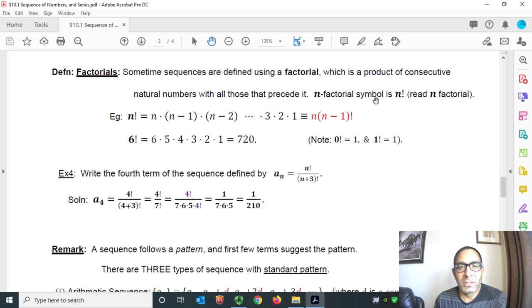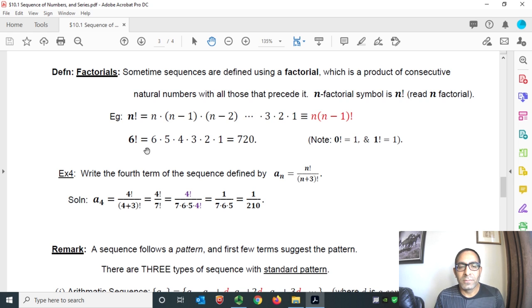The factorial symbol is n, the exclamation sign, and read this one as n factorial. Example, n factorial equals n times n minus 1 times n minus 2 times ... times 3 times 2 times 1. So here we start from n, and then we keep on decreasing the numbers by 1, and we multiply all the way up to 1.